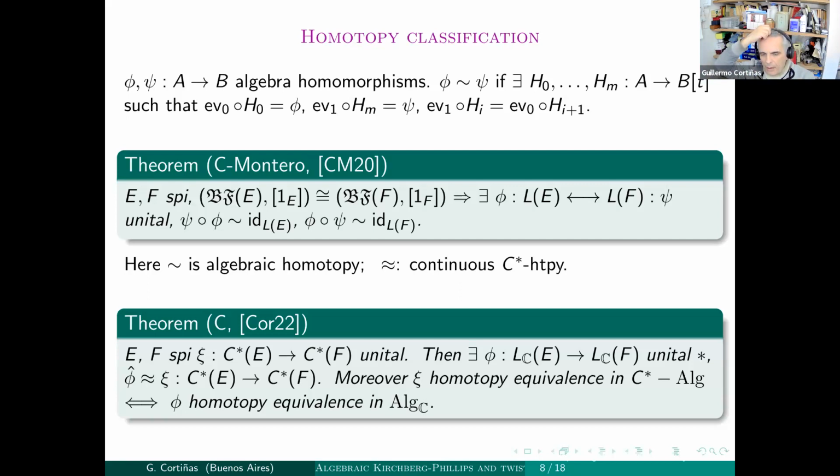And I compare algebraic KK of the Leavitt path algebras with Kasparov KK between the graph C-star algebras.